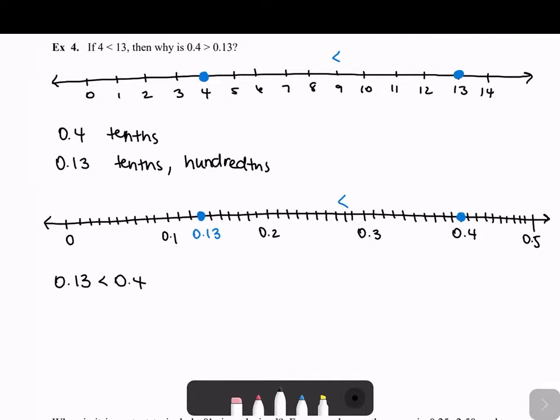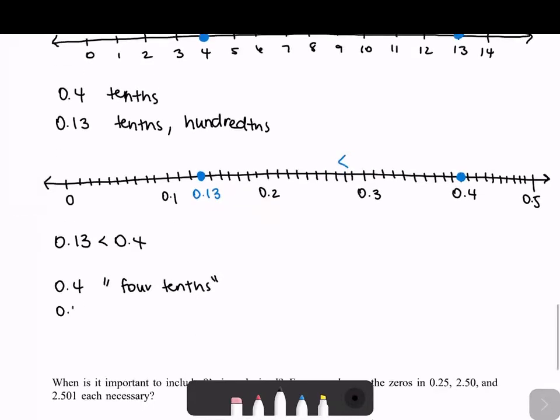And this is another really good reason to always say what these numbers mean rather than just 0.4, 0.13, things like that. 0.4 represents 4 tenths, but equivalently, this is the same thing as 0.40, where we can just add the 0 afterward.